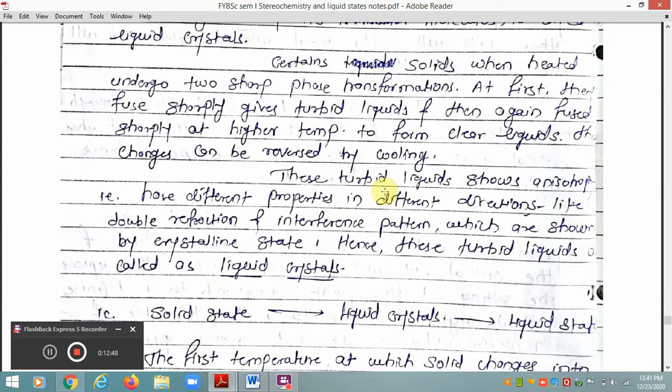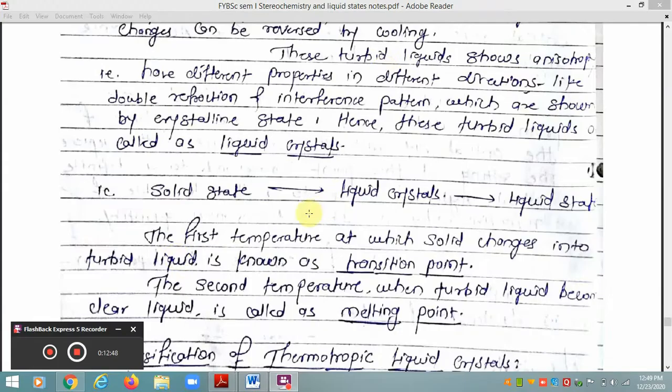These turbid liquids, so dear friends, here you can see solid state can be converted into liquid crystals, and this liquid crystal can be converted later on into clear liquid, that we call the liquid state. So this is the turbid liquid.